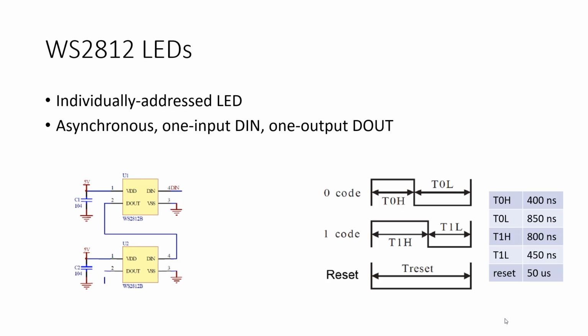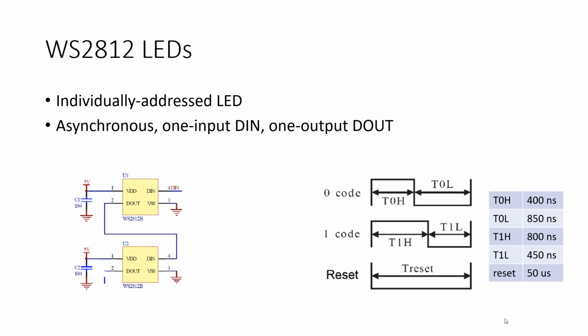Okay? So these LEDs can light up with 16 million different colors, right? There's 8 bits red, 8 bits green, 8 bits blue. So what they're expecting to see from you is 24 bits that are just shifted into the data in. Once you've shifted in 24 bits, they will light up in that color, at which point they will switch into a state where they ignore all subsequent bits for the purpose of setting their color, but they'll pass through, right?